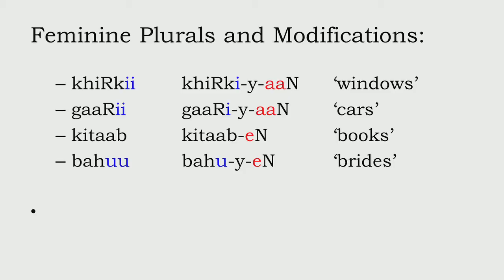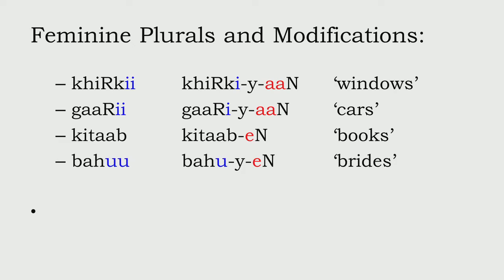So, look at the set of feminine nouns again. A word like khidki becomes khidkiyan, gaadi becomes gaadiyan, kitab. So, these two, khidki and gaadi, are one type of feminine nouns, and the other type will be words like kitab and bahu. Please pay attention to these examples, which I have tried to choose carefully for you to see. However, you can come up with numerous examples of these types, but all such feminine nouns can be categorized by these two types.